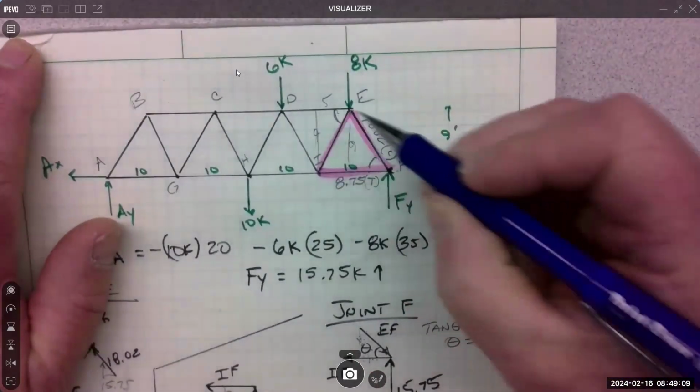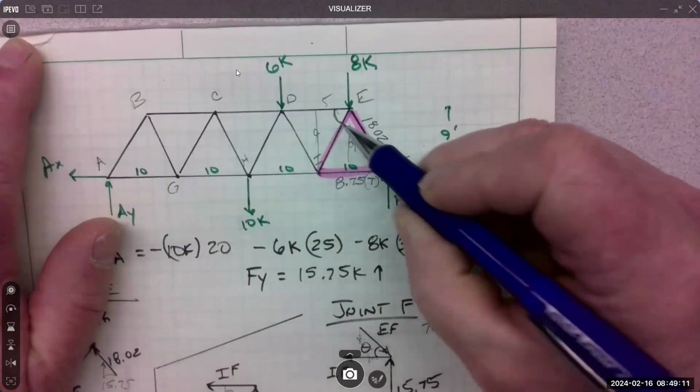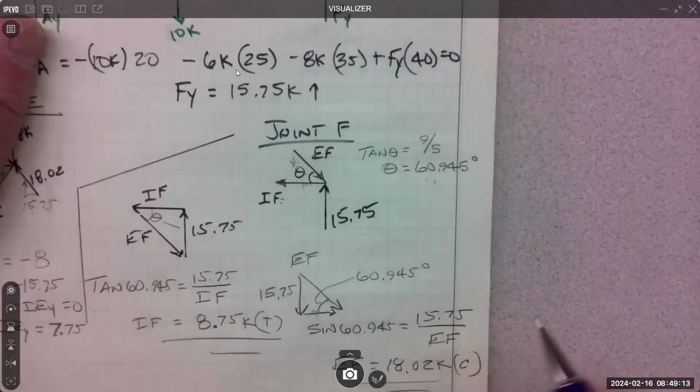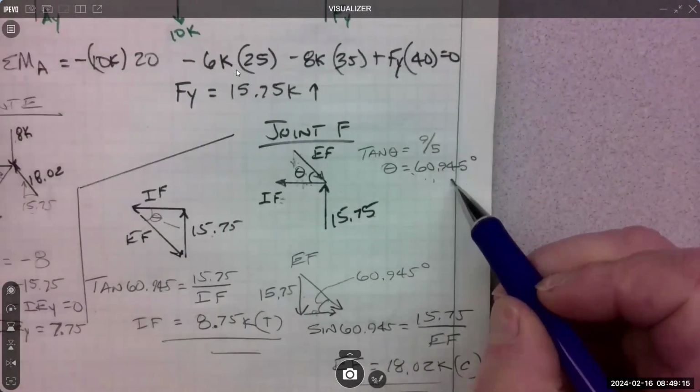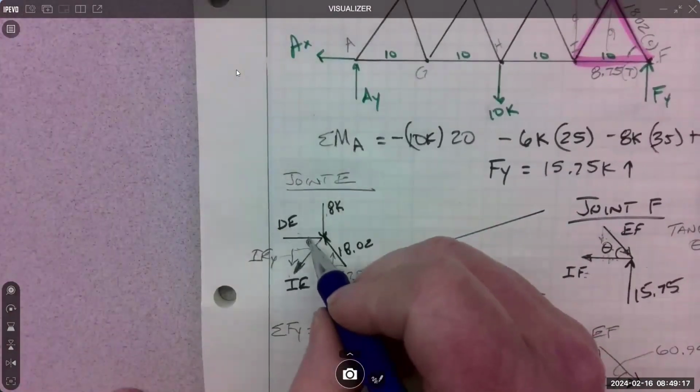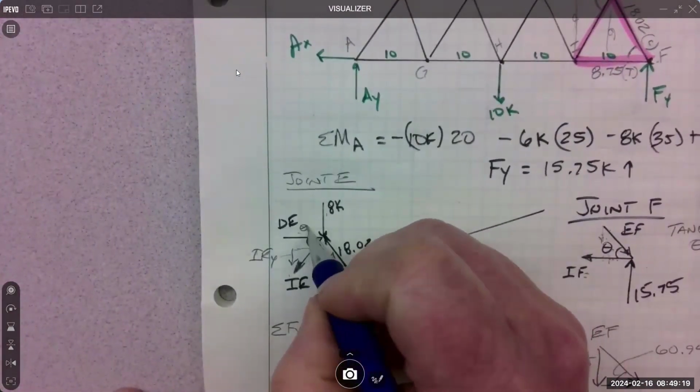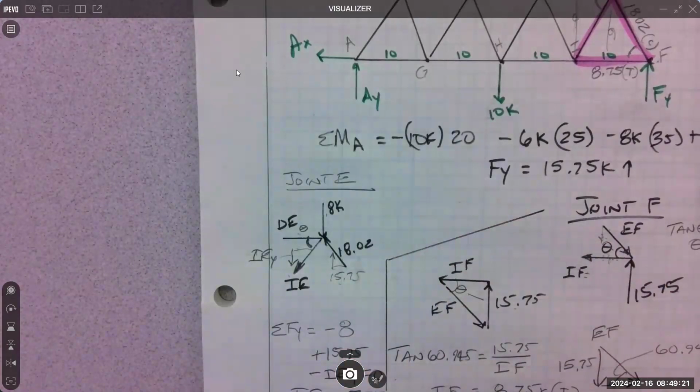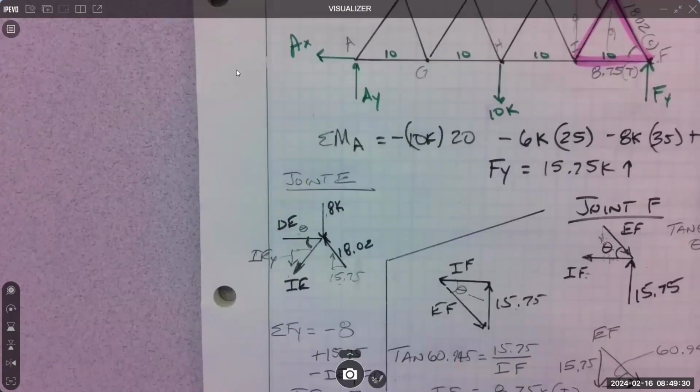So this angle and this angle are the same, so we can use our theta of 60.945 right here. I usually do that once I find one angle, so I can use it all the way through complicated things. Then I can just keep referring to it as theta, knowing that's 60.945.